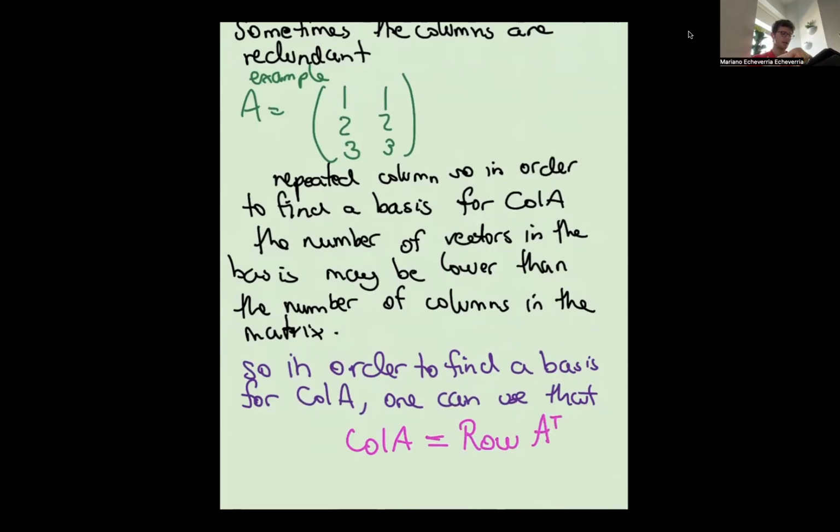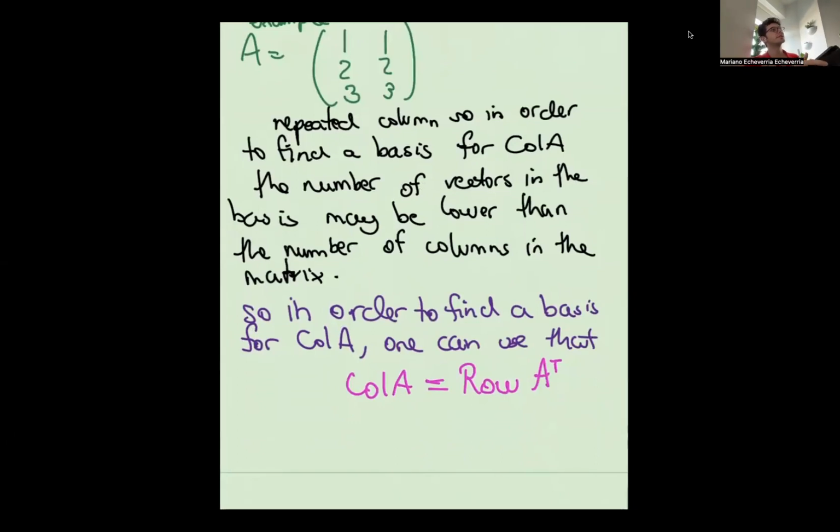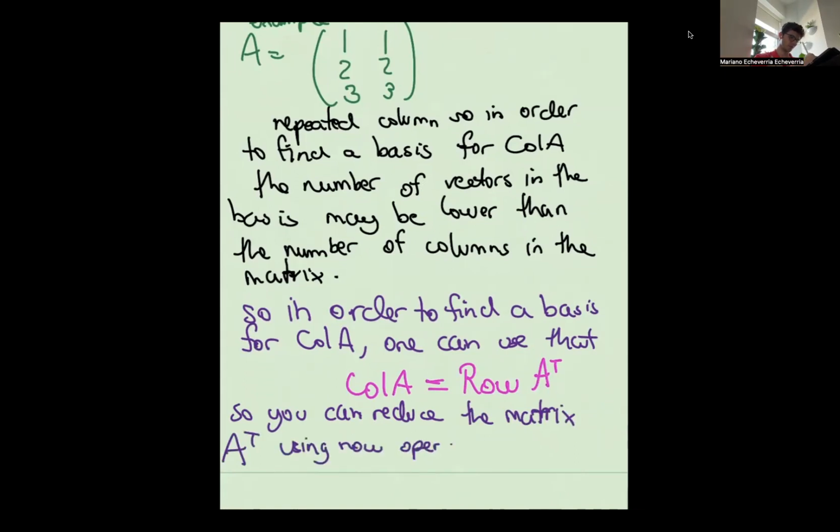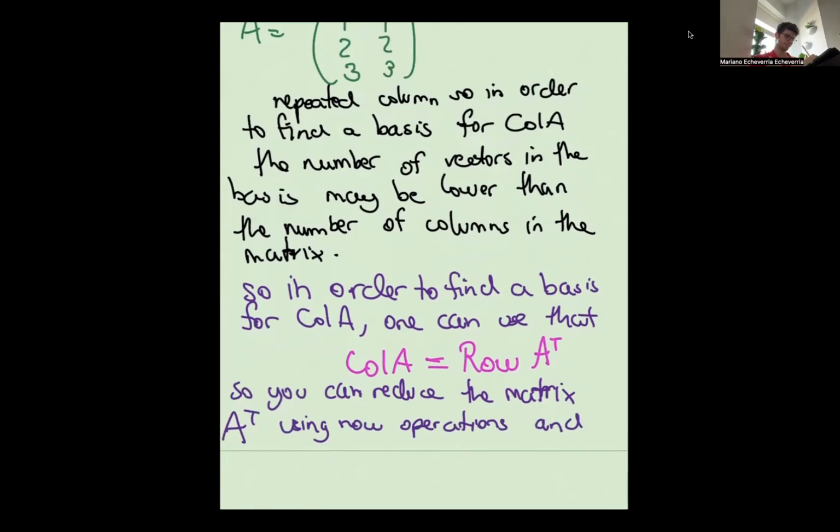That is useful because then you just have to reduce the matrix A transpose using row operations, and the non-zero rows will be a basis for the column space of A. Okay.